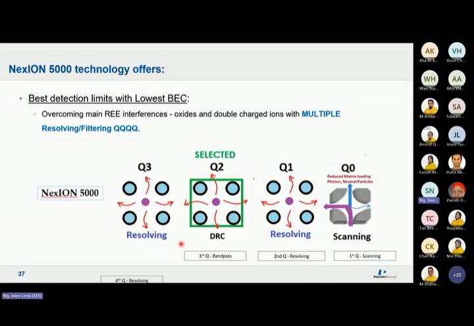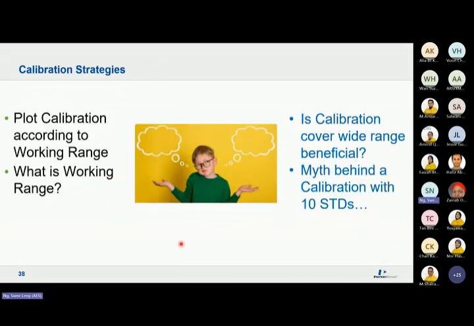Okay, now I got 2 more topics to cover. It's about calibration strategy. If I do not mention this to you, a lot of the time people will plot the calibration curve as they want. Oh, I want to run the analysis, I plot 1 ppm, 2 ppm, 5, 10 ppm. So do you actually plot your calibration according to working range, or just do what you like?